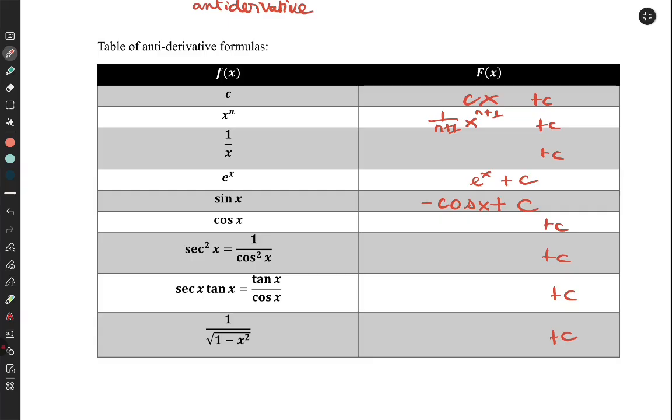There you go. These two numbers are always the same, right? And this one is basically 1 over x cubed.